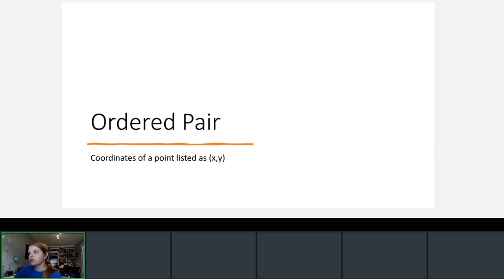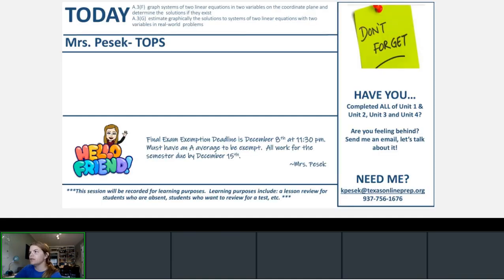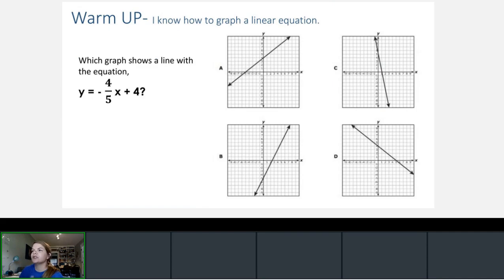All right, so let's go over some of these systems. You know by now how to graph a linear equation. A linear equation actually has the word line in it, and that's a straight line. When we graph a linear equation, we first find the y-intercept.